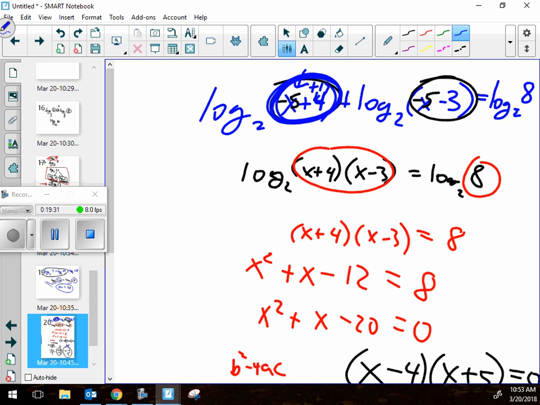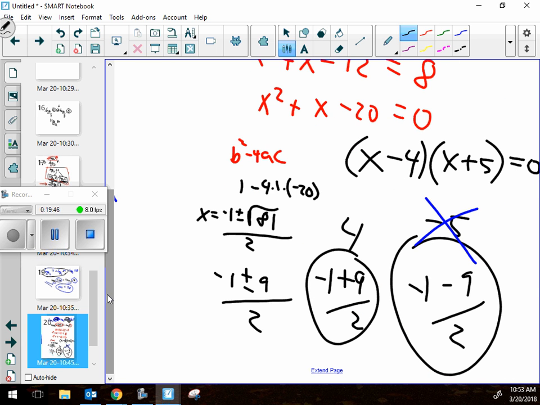But if this number here had been bigger, if this had been like a plus 18, and this had been like a plus 20 or something, then it wouldn't have mattered that we had a negative answer, and it would have still worked. So don't just get it stuck in your head that negative answers never work. When you put them back in, you've got to see if it causes a negative argument or a negative base.